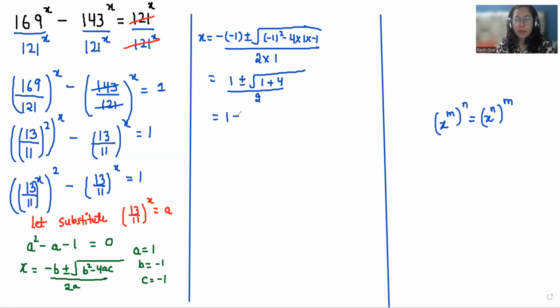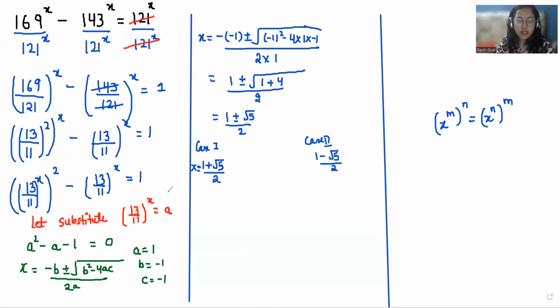So 1 plus minus under root 5 divided by 2. So we have two values, two cases. Case 1, 1 plus under root 5 by 2, and case second, 1 minus under root 5 by 2.